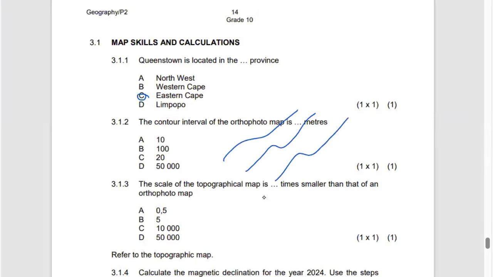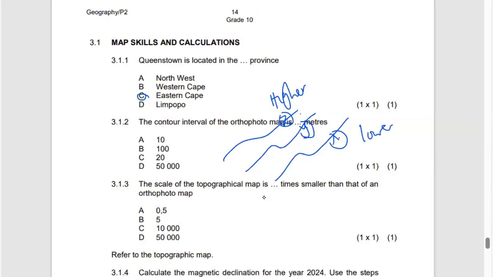Let's say this is contour line X, this is Y, this is Z. So we are looking at the difference in the values of these. If this is higher ground, to get the interval you say the value of Z minus the value of Y. It must be the same as the value of Y minus the value of X. And this is lower ground. That is what you call the contour interval.